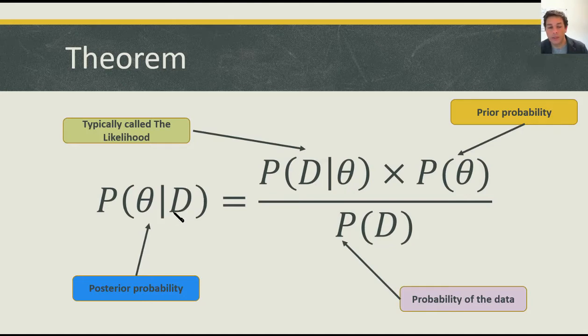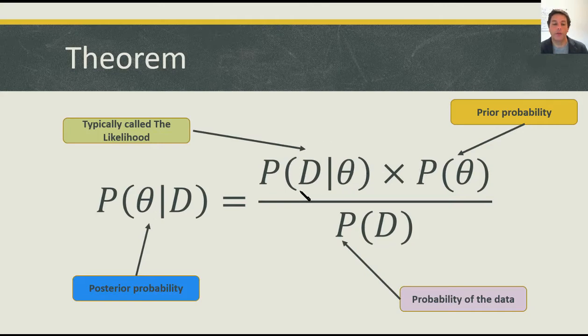So D stands for data and theta for parameters in the population. So given the data we observed, now what's our belief, our probability of possible values of the parameter of interest? Okay, so how do we get to here from there? Basically this is the movement that we are interested in. We start with a prior, we finish with a posterior.